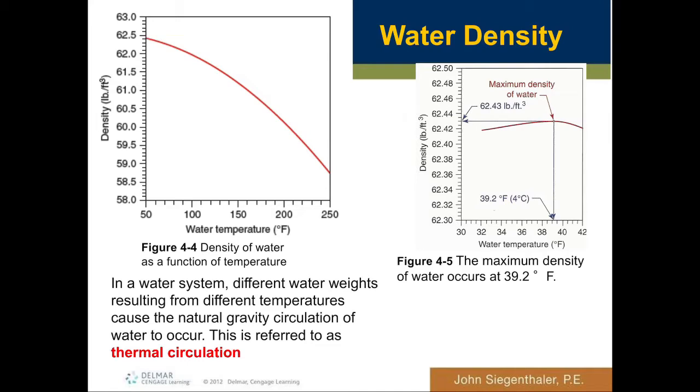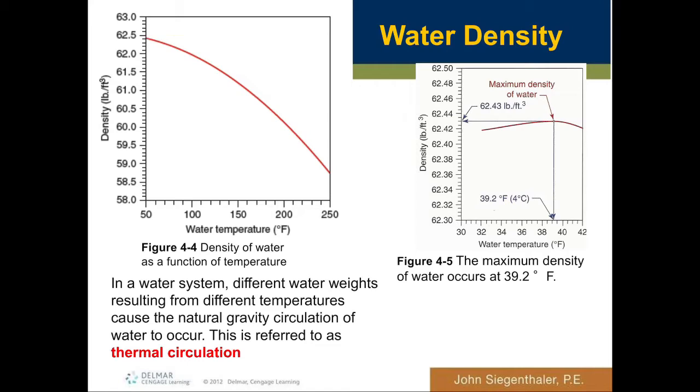All right, this little slide that we're going to go through shows you the density change of water as we move on through a system. Water is one of the unique substances in that its actual density is the highest at about 39.2 degrees Fahrenheit.